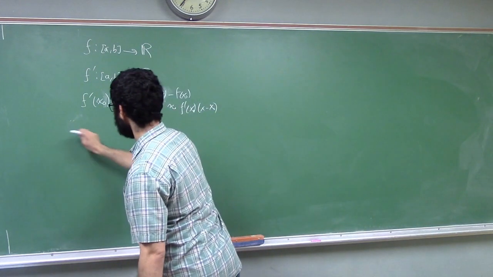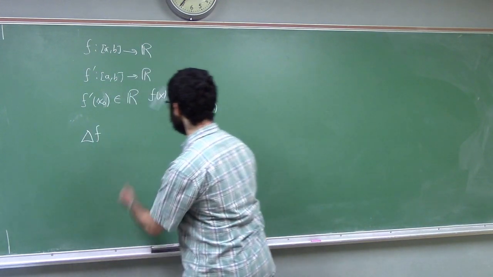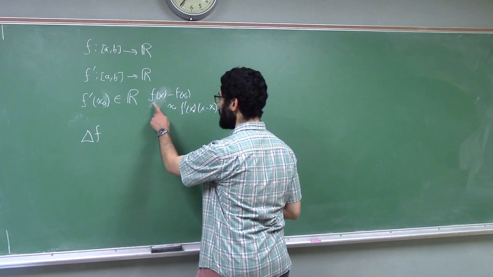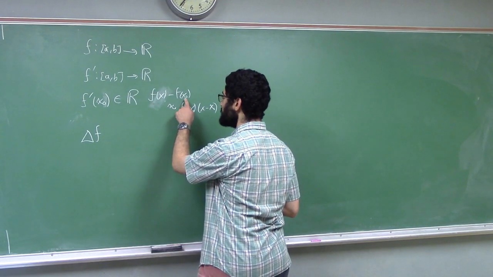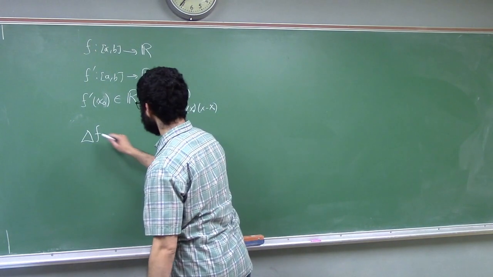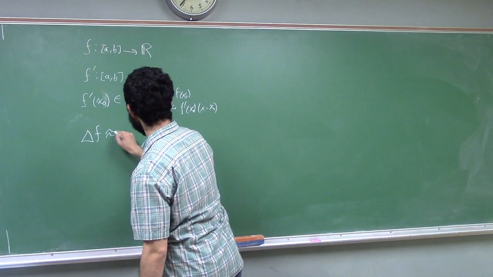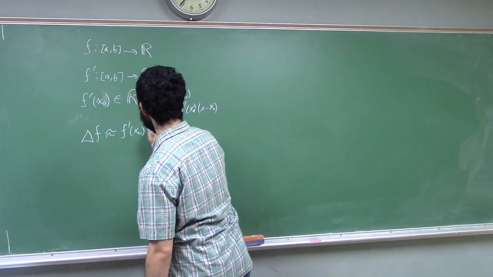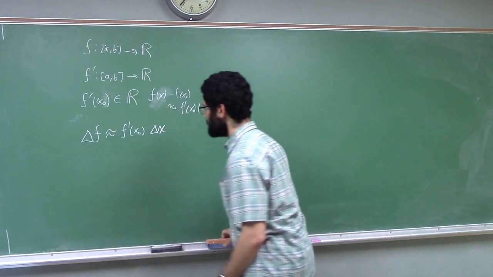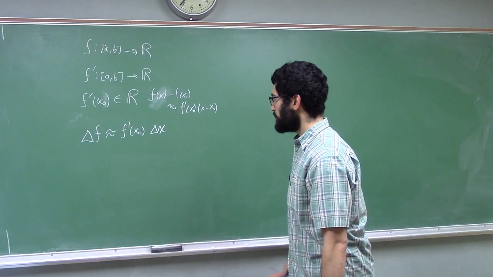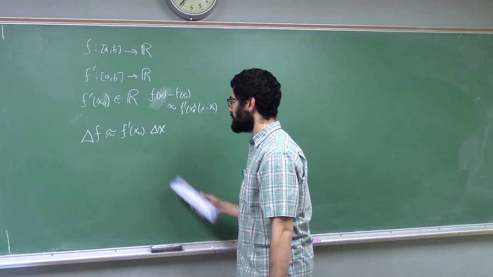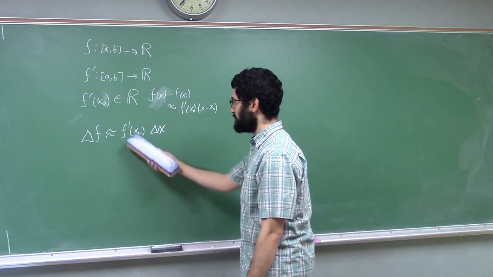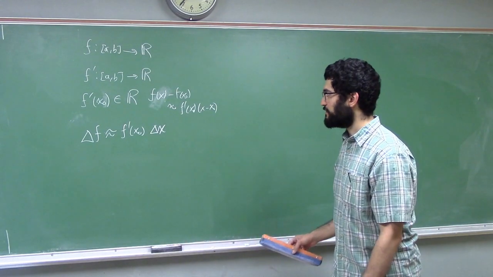So here's how I'd rather write this. Delta f, thinking of delta f as how f changes as I change x from x naught to x, is approximately f prime x naught delta x. Okay, so this is kind of what you intuitively should be thinking of when you're thinking of derivatives.